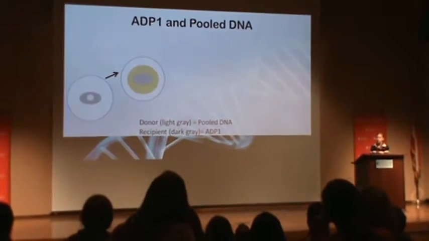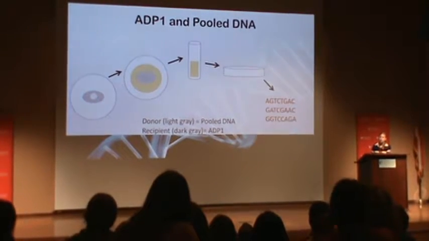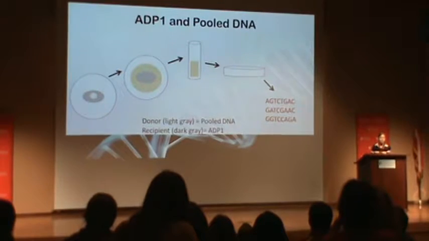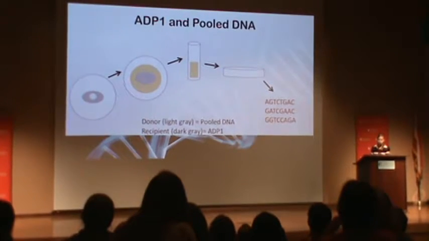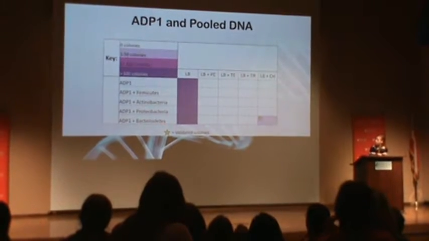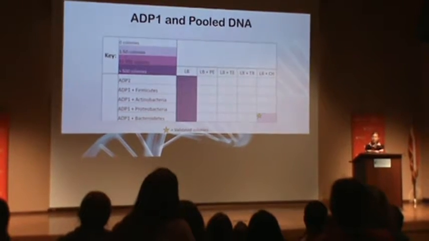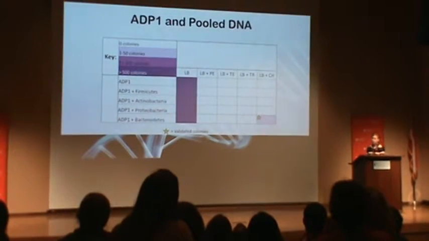Then I added broth to slurry up the cells, and plated that out in hopes of growing up the colonies and sequencing out the antibiotic resistance gene. So we found that when ADP1 was paired with the phylum or the class Bacteroidetes, it grew in the presence of chloramphenicol. So again, this highly suggests horizontal gene transfer occurred.